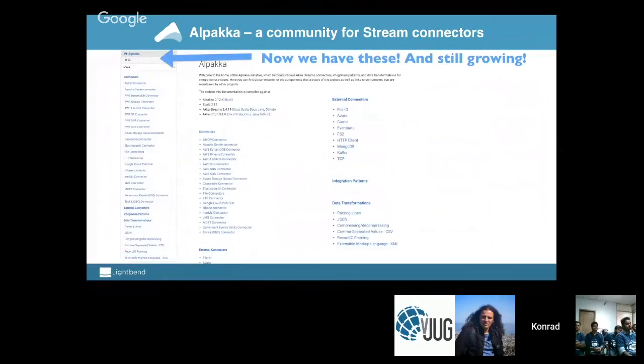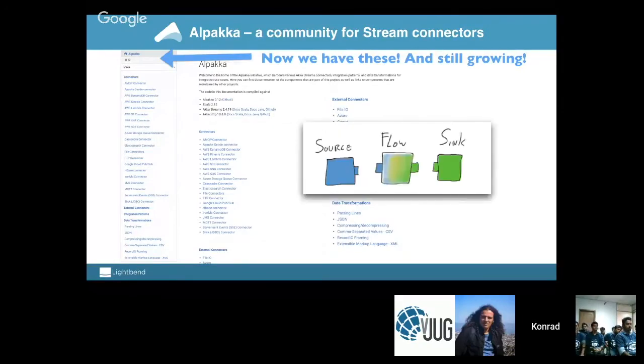We have a lot of connectors to more popular things and also less popular things. I know some people were interested in IronMQ. Personally, I've never used that, but because the community is driving what we will build there, it's now there. And if you see a need for something, it's very easy to contribute connectors. Again, the power of composable elements.